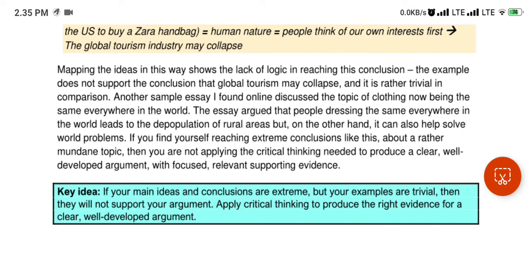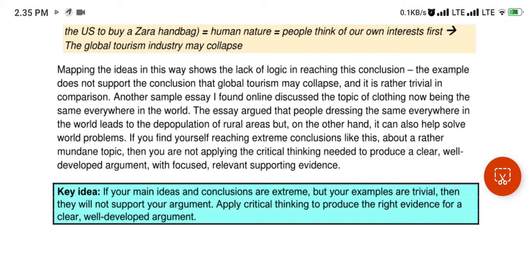The essay argued that people dressing the same everywhere in the world leads to the depopulation of rural areas, but on the other hand, it can also help solve world problems. If you find yourself reaching an extreme conclusion like this about a rather mundane topic, then you are not applying the critical thinking needed to produce a clear, well developed argument with focused, relevant supporting evidence.